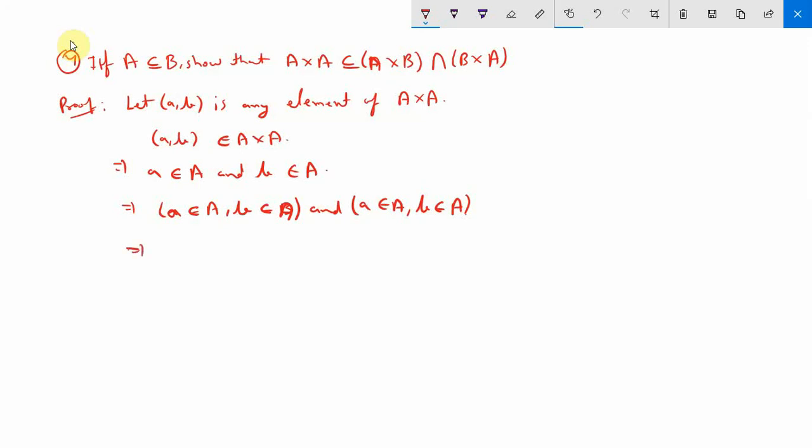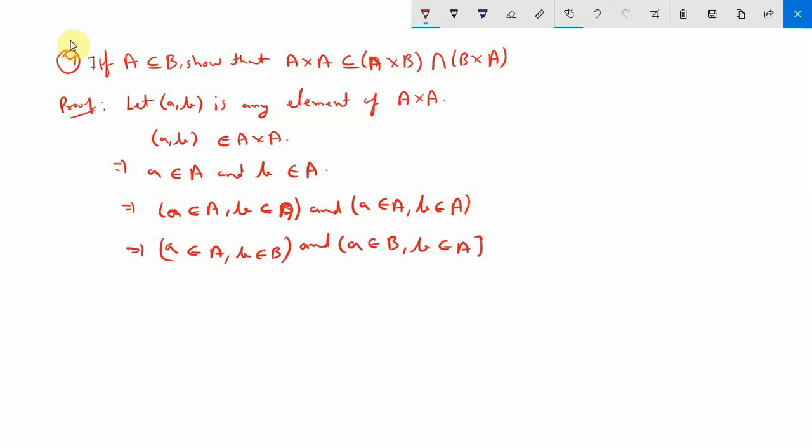So this we can write A is an element of A, B is an element of B, and A is an element of B, and B is an element of A.